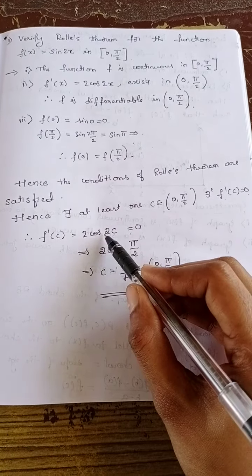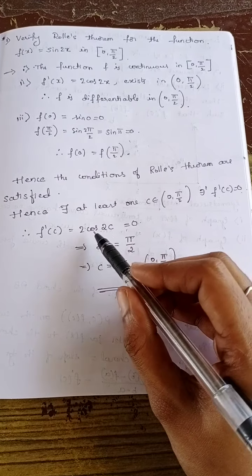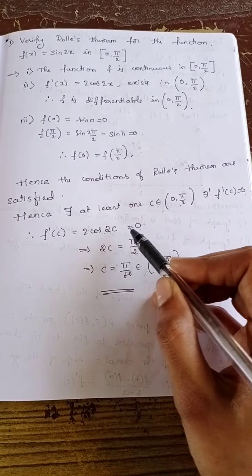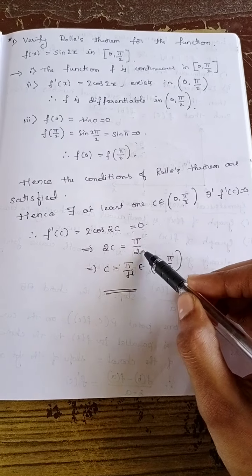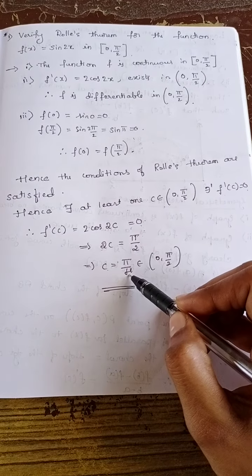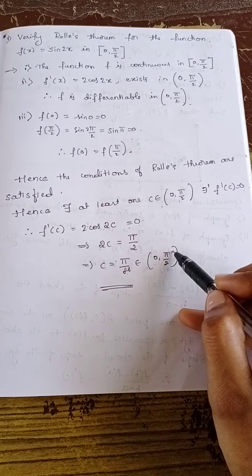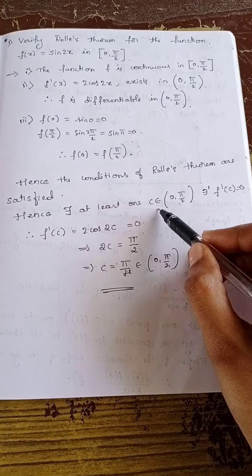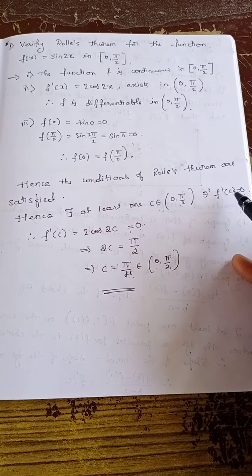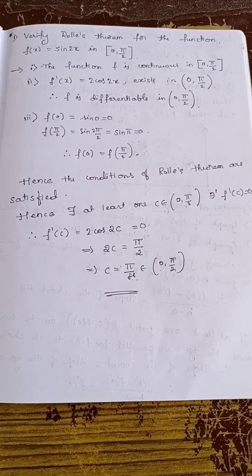Taking cos inverse on both sides, cos inverse of 0 is pi by 2, so 2c is equal to pi by 2. Therefore c is equal to pi by 4. Pi by 4 lies in 0, pi by 2. Therefore there exists c equal to pi by 4 such that f dash of pi by 4 is equal to 0, so Rolle's theorem holds in this function.